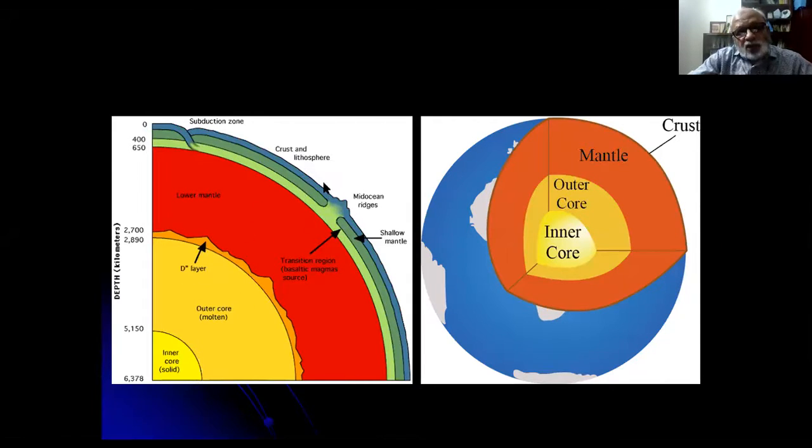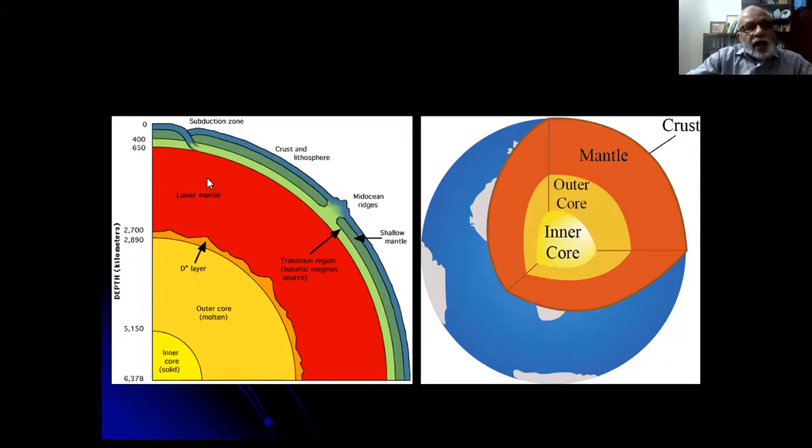In the Earth's inner zone, if I consider this as the center of the Earth, then the radius from the surface is 6,378 kilometers. This is the radius of the Earth from the surface to the center.